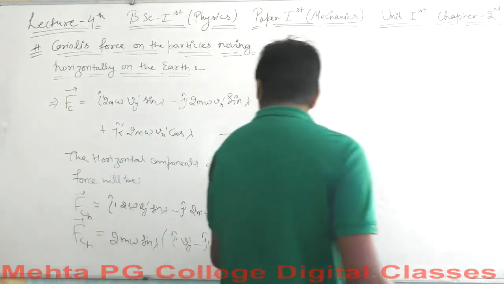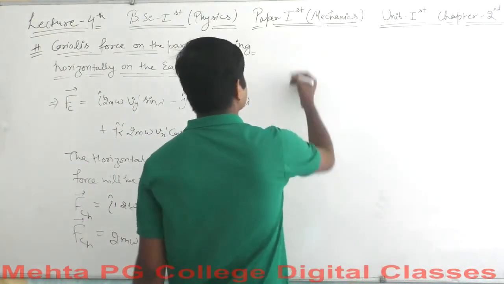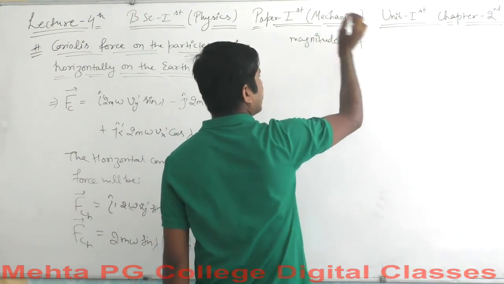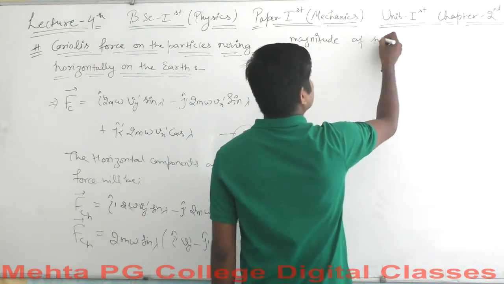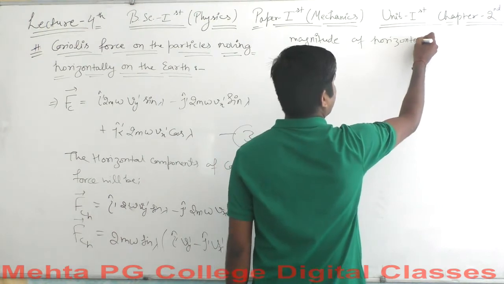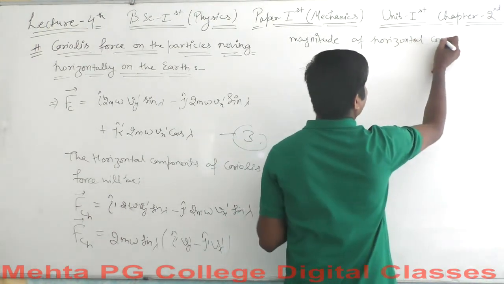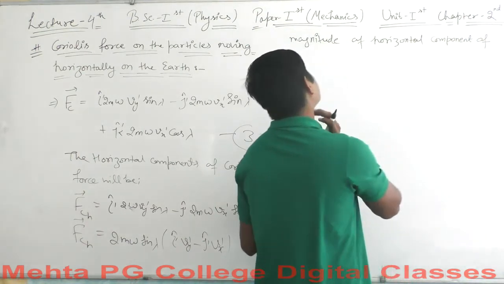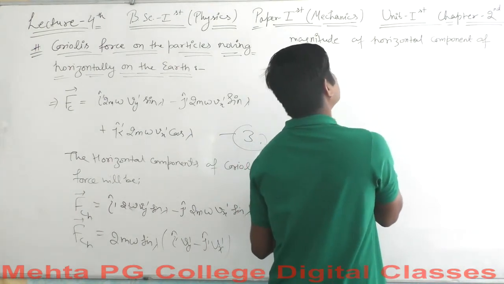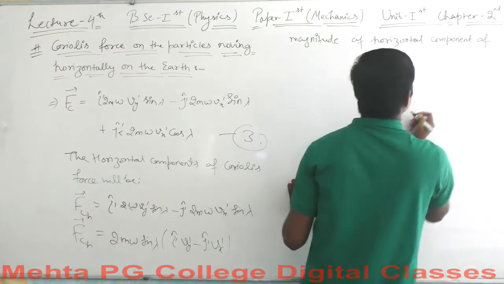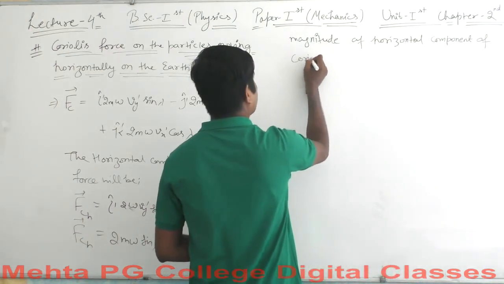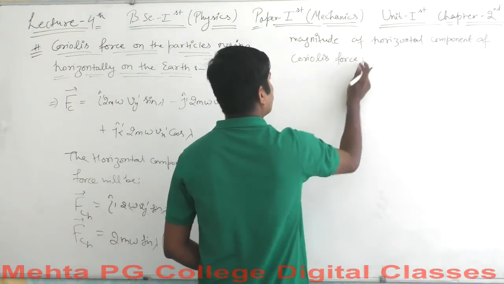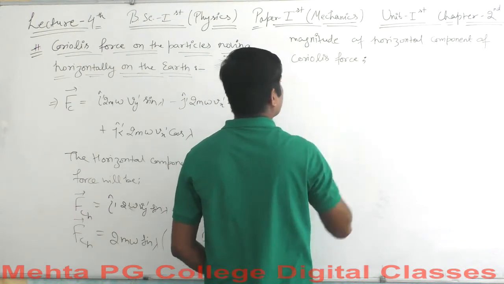So this is the horizontal component of force here, the FCH, and now we will talk about the magnitude form. The magnitude of the horizontal component of Coriolis force.